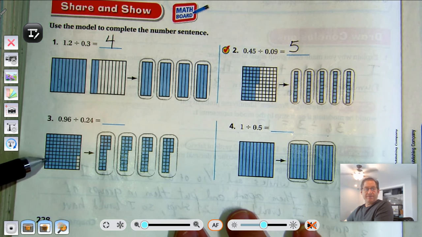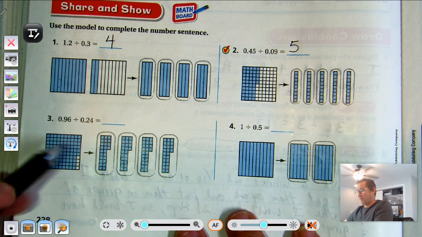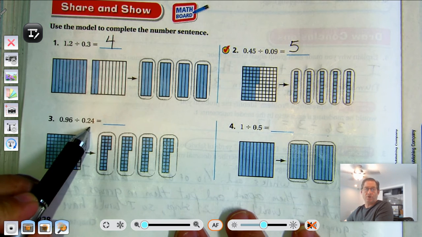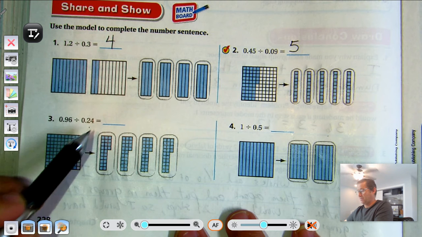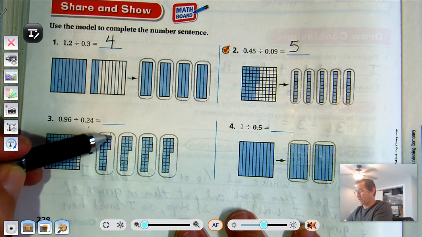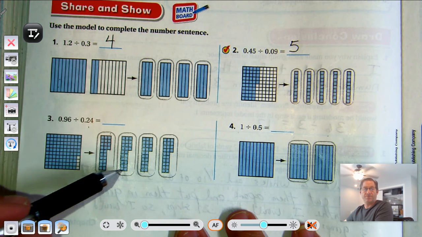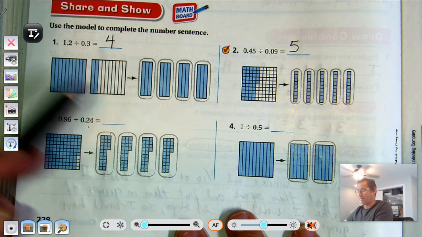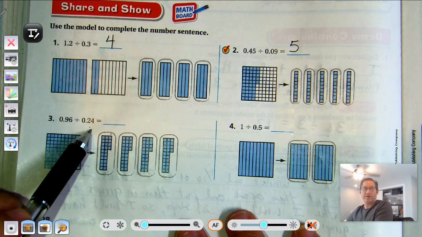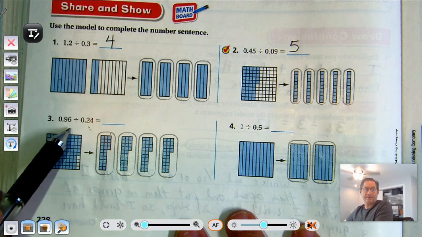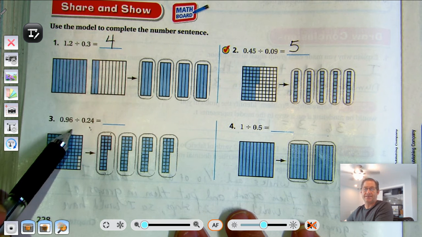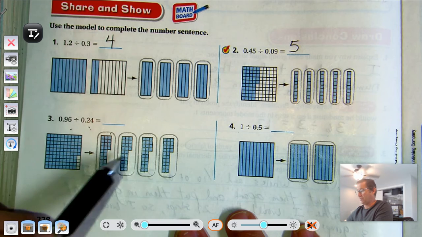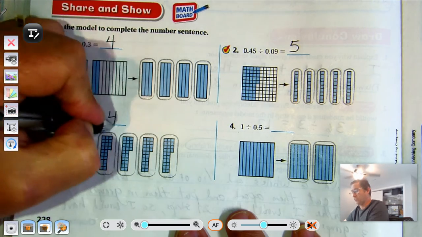Number 3, we have 96/100, and we have to put them in groups of 24/100. So we put 24 in every group because we have to find out how many groups of 24/100 can be taken from 96/100. Well, 1, 2, 3, 4 equal groups.